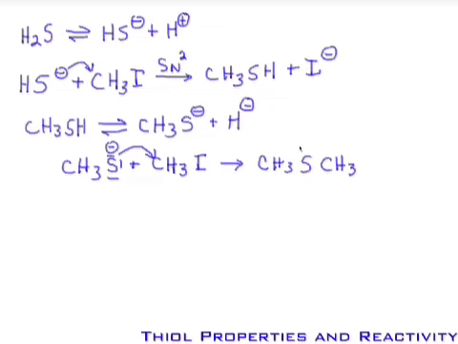You get what is called a dimethyl sulfide. The analogs to ethers that contain sulfur are named sulfides. And here we have dimethyl sulfide. And it'd be named just like ethers. If you had different groups there, you'd have methyl ethyl sulfide.